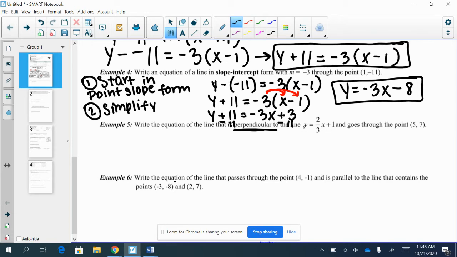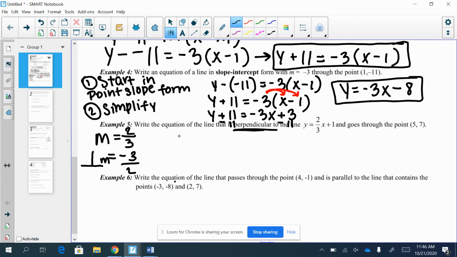So what is the slope of y equals 2/3 x plus 1? Your slope there is going to be 2/3. Then we need to find the perpendicular slope. Perpendicular slope is the opposite reciprocal. Opposite reciprocal. So not only does your sign change, but your fraction flips. So this will become negative 3/2.